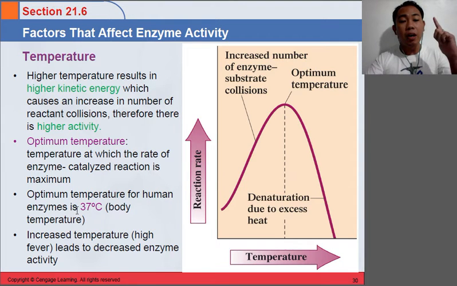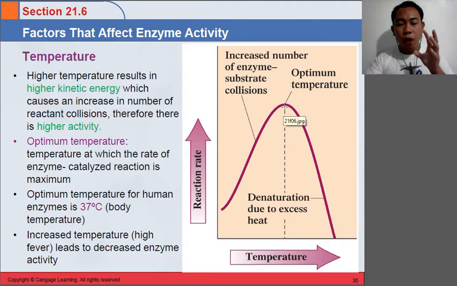Increased temperature, for example in the case of a person with high fever, will lead to decreased enzyme activity. Looking at this illustration, the reaction rate increases when the temperature increases, but it should fall into its optimum temperature.